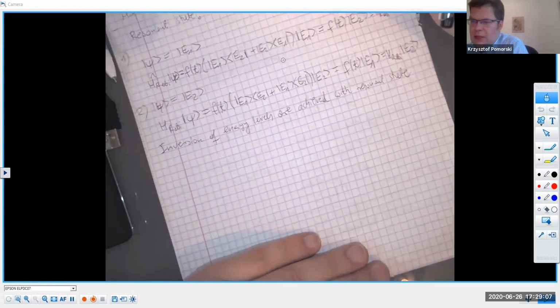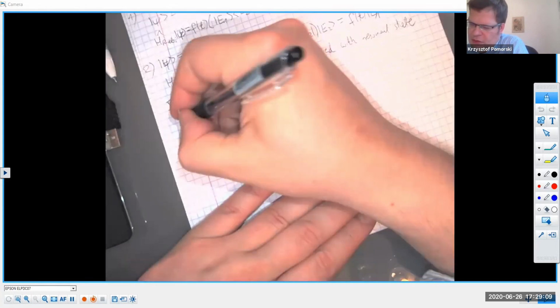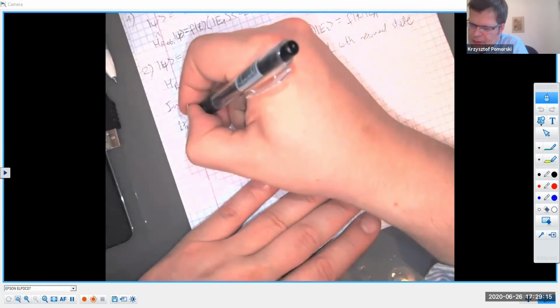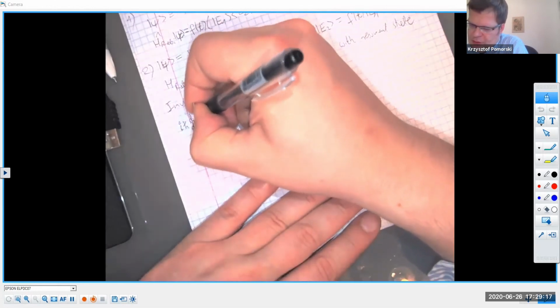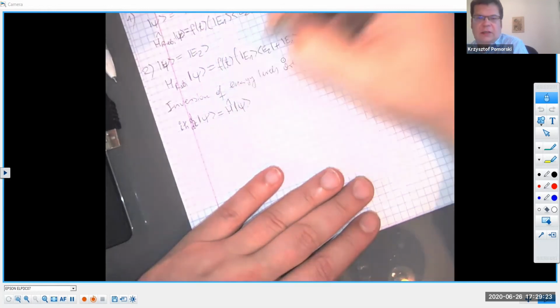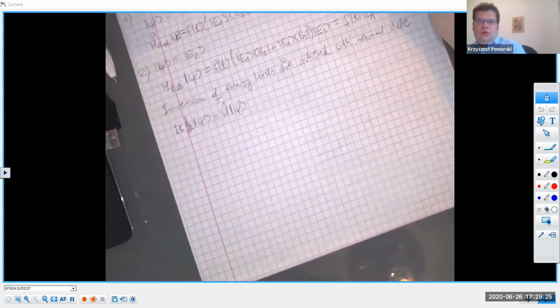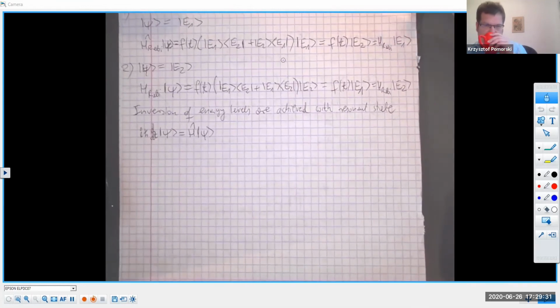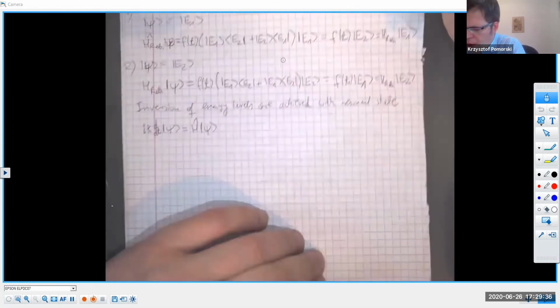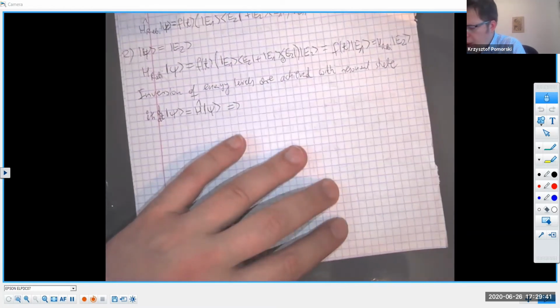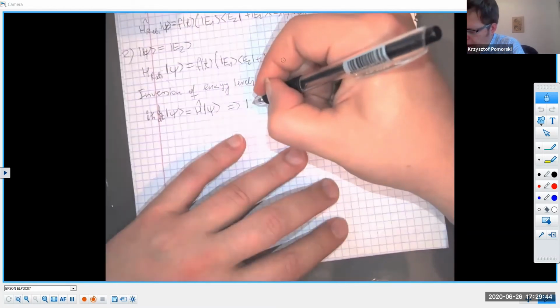So what type of equations of motion do we have? Let's say d over dt, this is our equation of motion, and there is the Hamiltonian times the given quantum state. Yeah, so how can we proceed with this? Obviously, we can write this in a kind of trickier way.